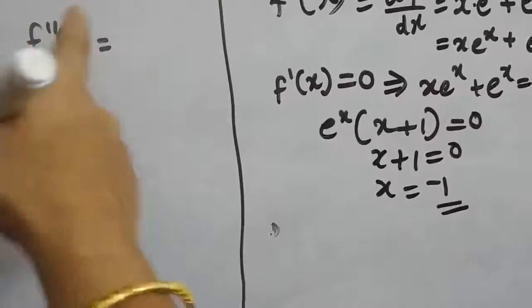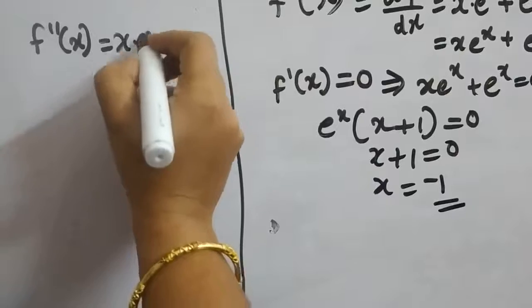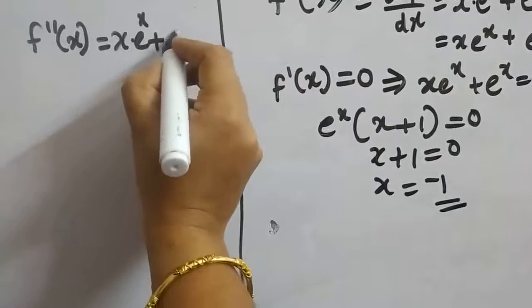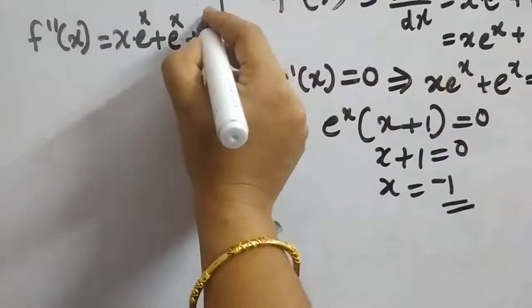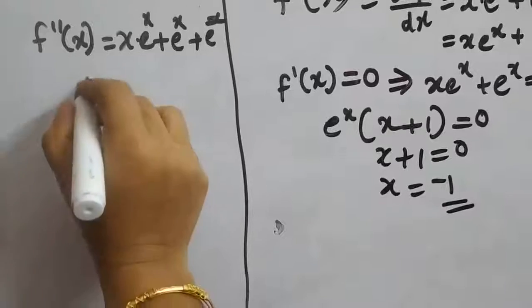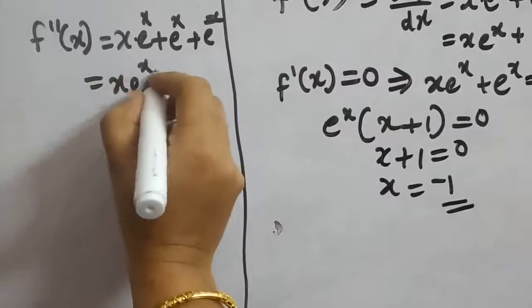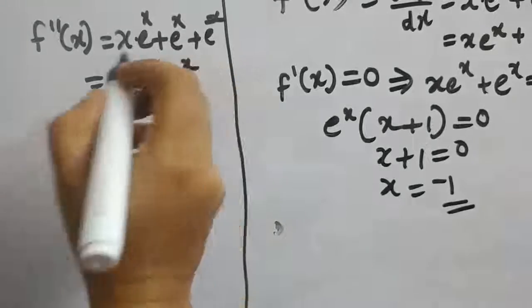So first function into derivative of the second function plus second function into derivative of the first function, plus again one more e raised to x is there. The derivative is e raised to x itself. So the answer is x e raised to x plus 2 e raised to x.